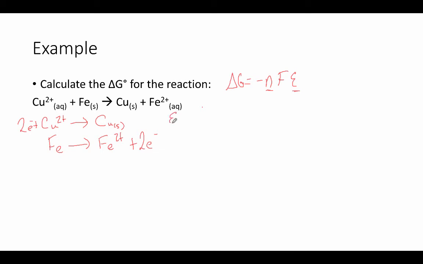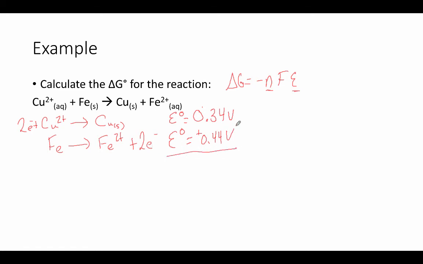And when you look up the voltage of these, you're going to find that the copper half reaction is already in reduction form, so you would find it exactly as it's written, with a voltage of 0.34 volts. And if you look up the iron one, you'd be looking at Fe2+ plus 2 electrons yields Fe, but we need to flip that, so we change the sign of negative 0.44 to positive 0.44 volts.